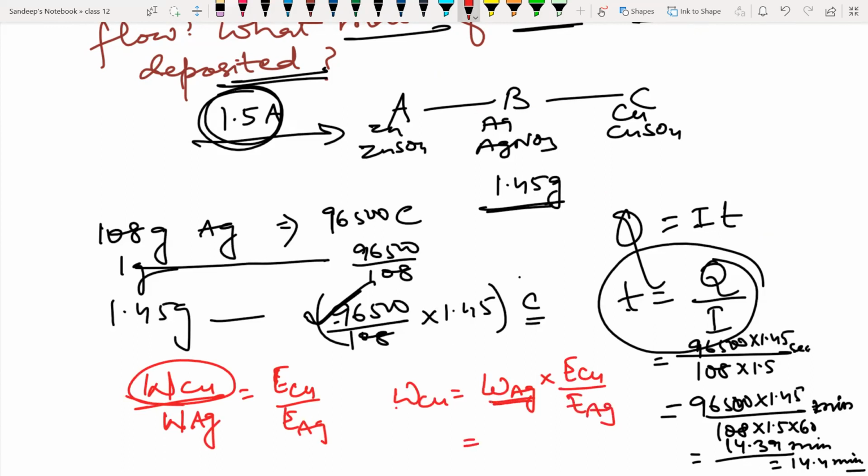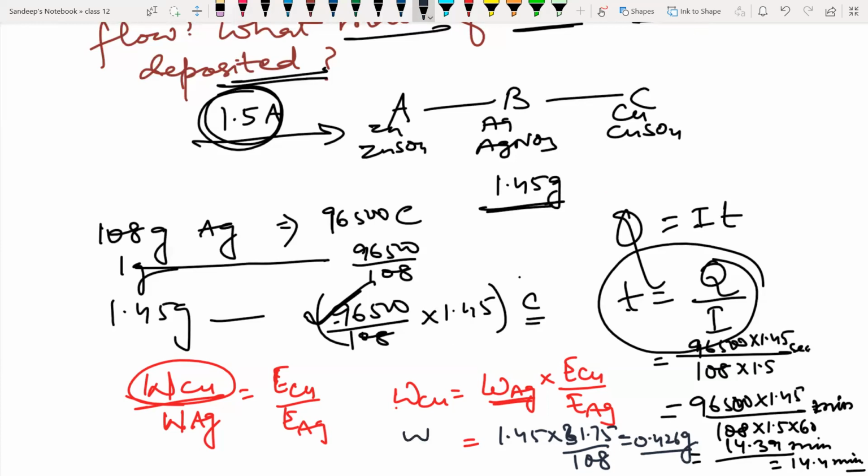So weight of silver is 1.45, and 108 is the equivalent weight. 1.45 into equivalent weight of copper, 31.75, divided by equivalent weight of silver, 108. So if you solve this, you will get the answer. 1.45 into 31.75 divided by 108. So it is coming 0.426 gram.